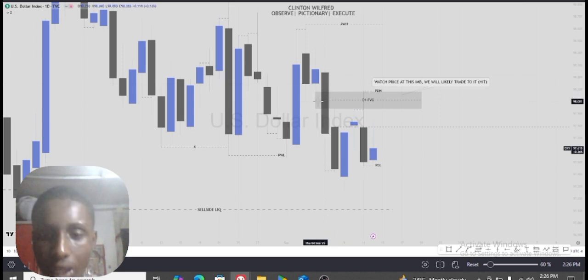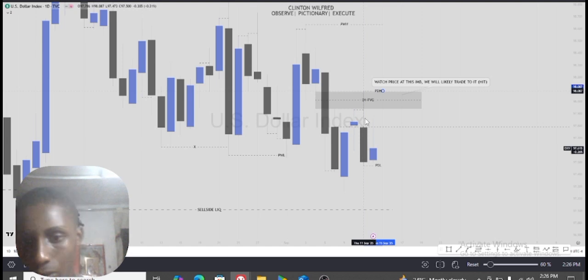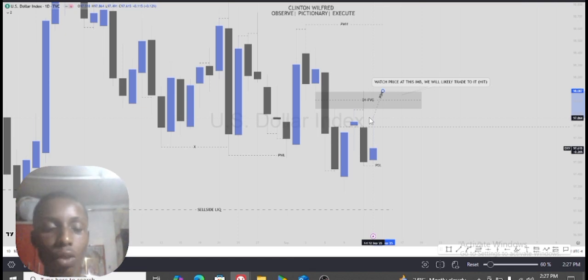We have a bearish FVG here, and price headed to it, and we are tanking down to the sell side liquidity first. This is almost the same thing we get on Swiss franc. We have sell side liquidity resting, and also an older sell side liquidity. So we need to hit this first, before I think this will act as previous week lows.